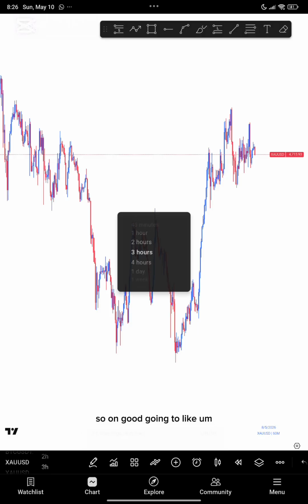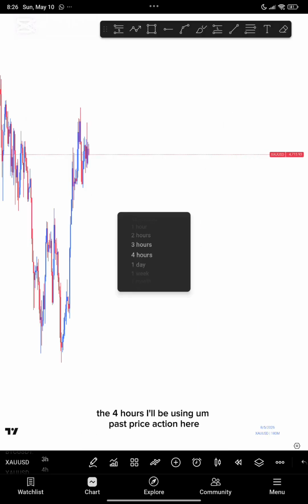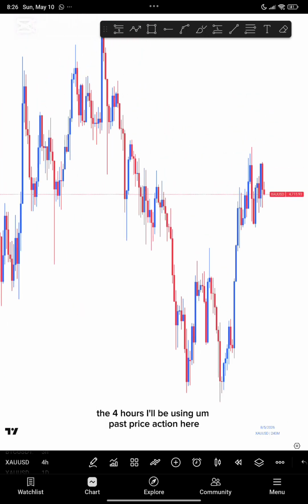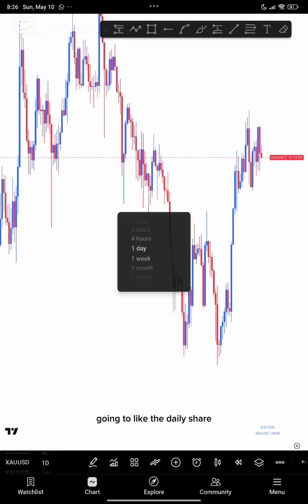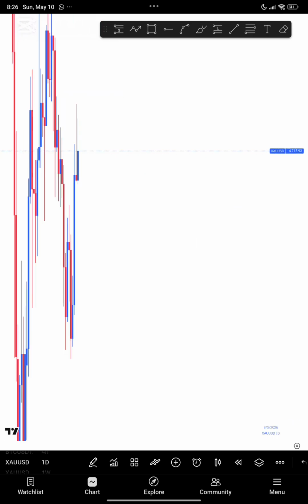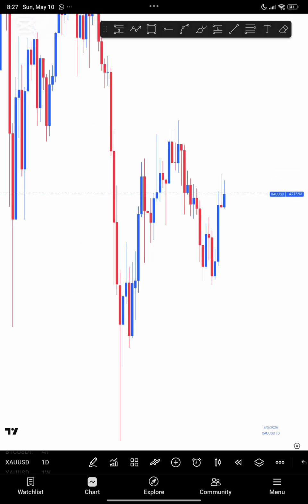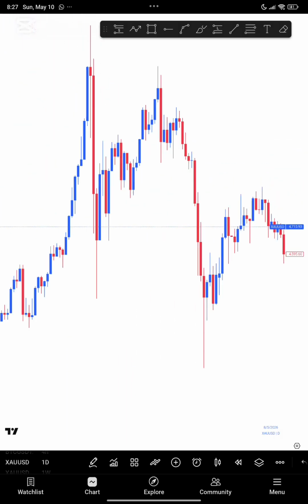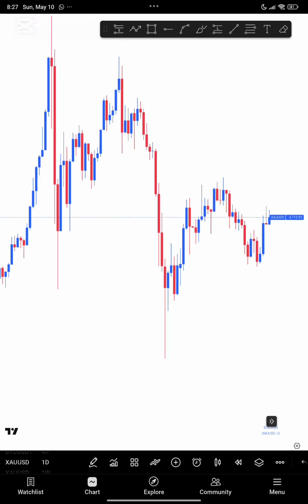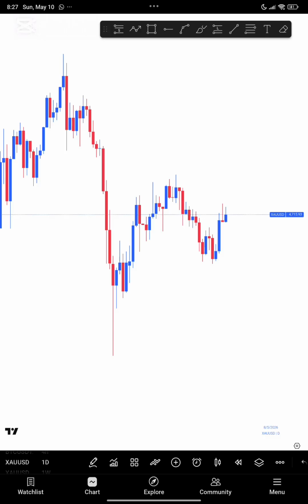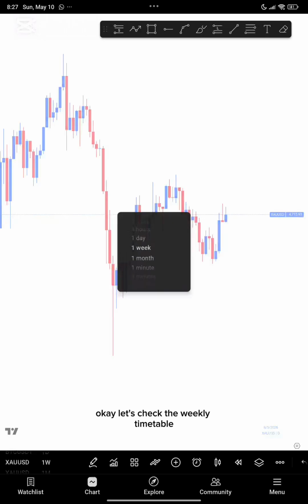So on gold, going to the 4 hours, I'll be using past price action here. Going to the daily time frame. Okay, let's check the weekly time frame.